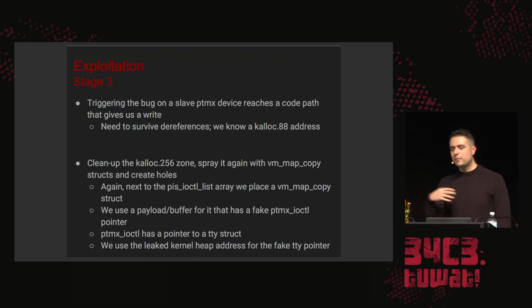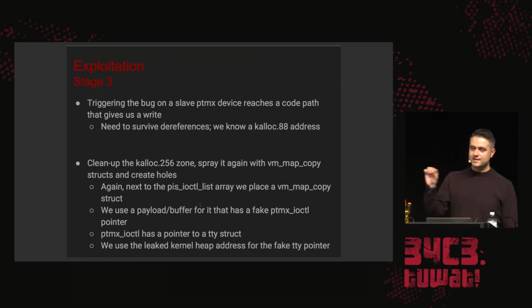So I clean up the calloc256 zone, and I spray it again with VMAP copy structs and create holes, exactly like the previous step, the first stage. Again, next to the IOCTL list array, I have a VMAP copy struct, but at this time, in all the VMAP copy structs, I put a payload of this fake PTMX IOCTL address I have.